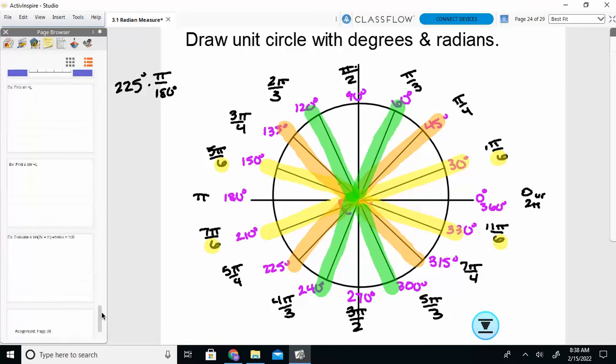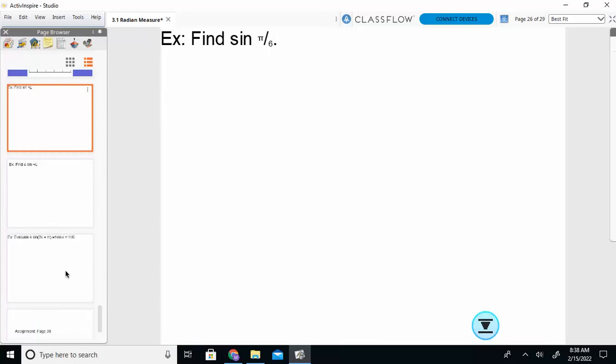Okay, so here is my next problem for us. I want to find the sine of pi over 6. Now we've been doing questions like this for a long time, but I would say find the sine of 30 degrees. I'm just changing it.